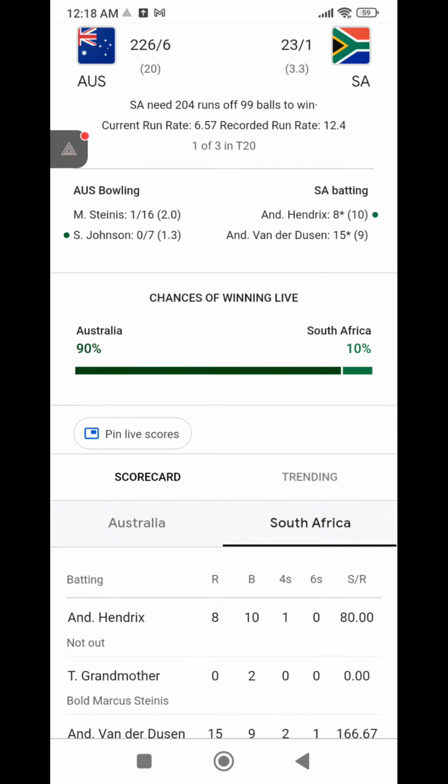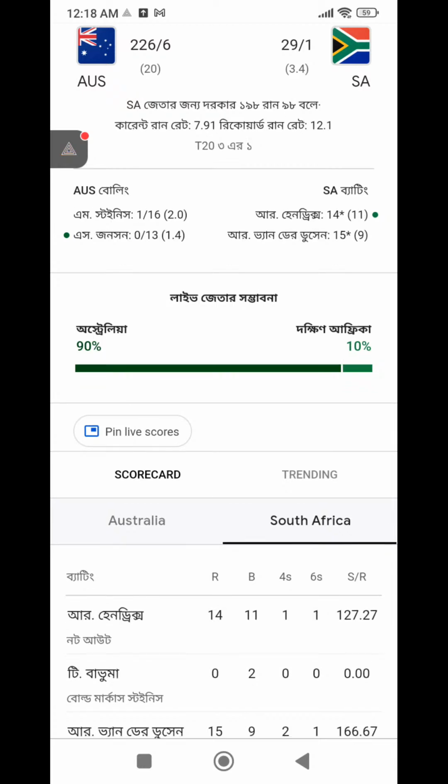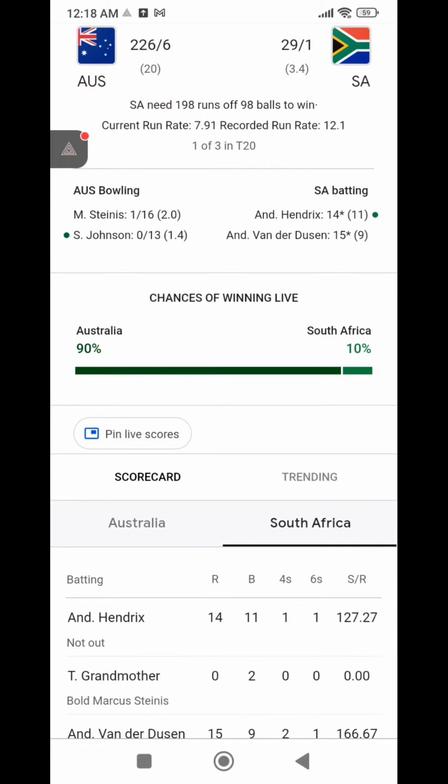Hendricks 8 of 10. He will face the bowling of Johnson. So 29 for the loss of 1 wicket in 3.4 overs in reply to Australia's total of 226 for the loss of 6 wickets.